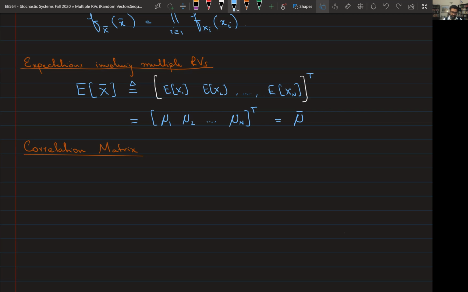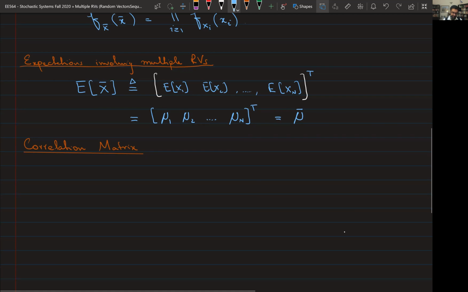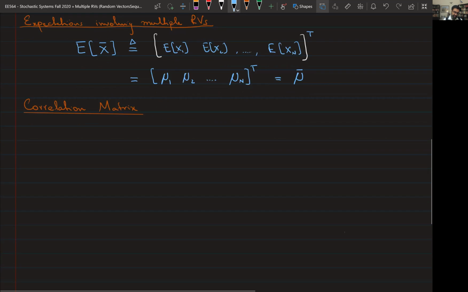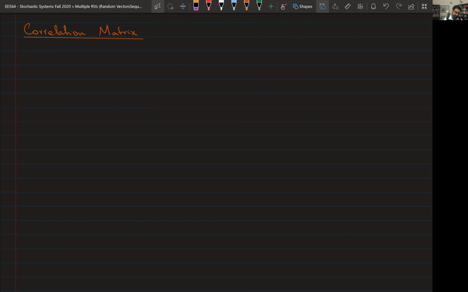So the correlation matrix is defined as follows. Typically we use the notation R to denote the correlation matrix corresponding to the vector X, and it is defined as the expected value of the random vector X times the random vector X transpose.